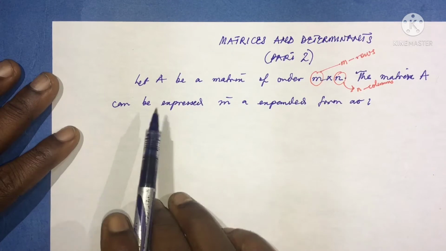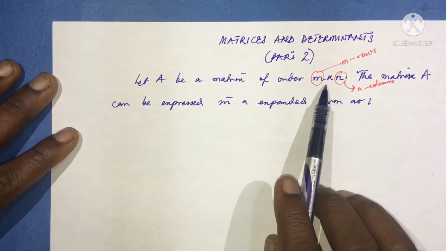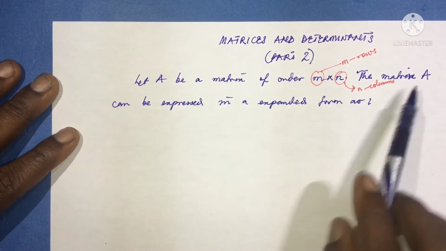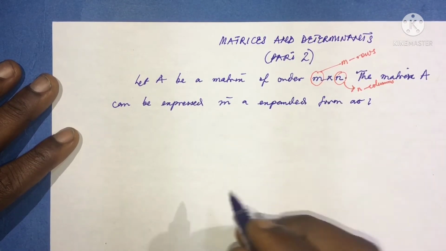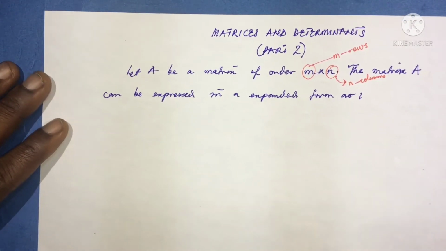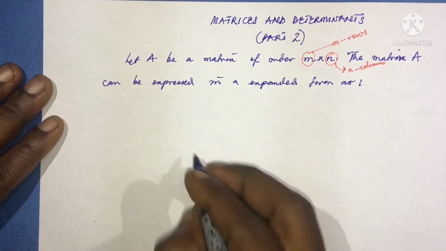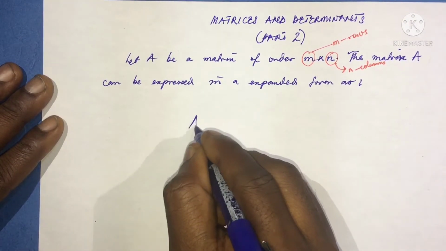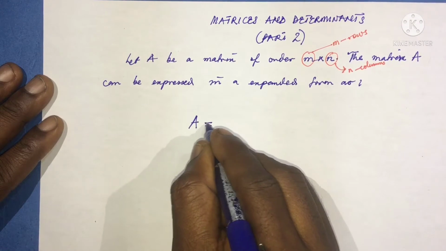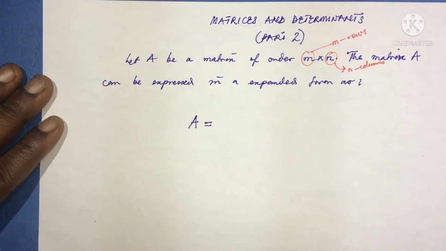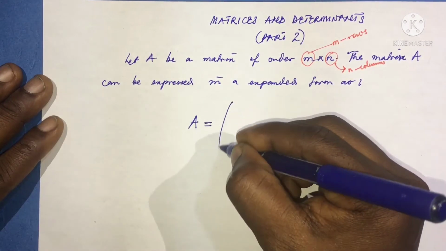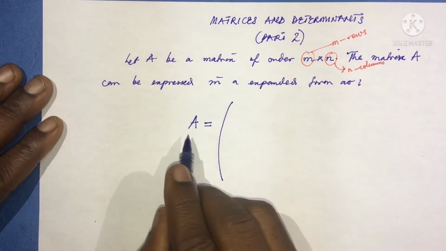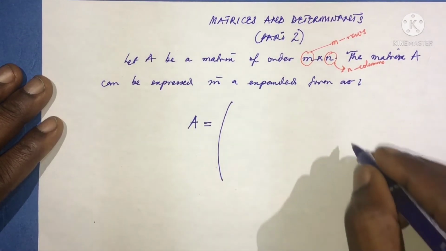So let A be a matrix of order m by n. The matrix A can be expressed in an expanded form as what I'm going to do below, and I want you to follow me carefully. Remember, in matrices and determinants part 1, I told you matrices are represented with uppercase letters, so I'm using A to represent my matrix.